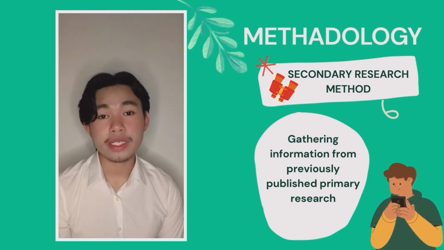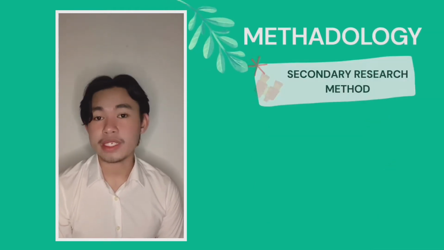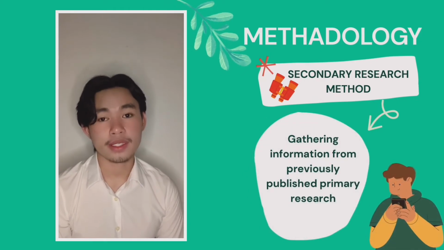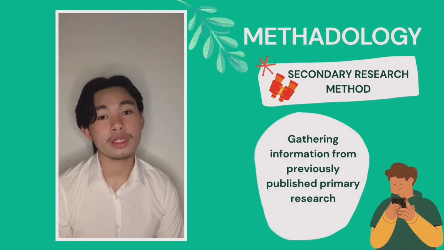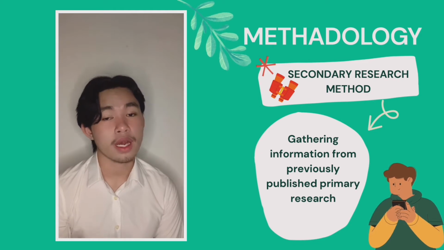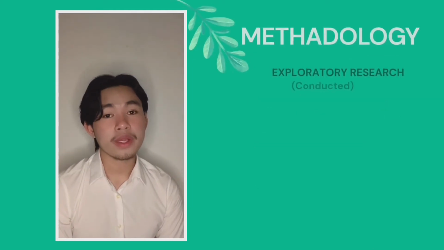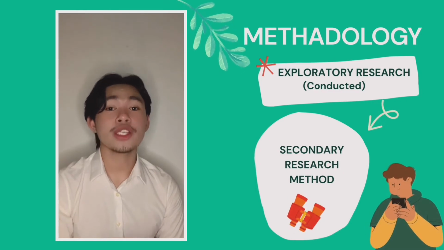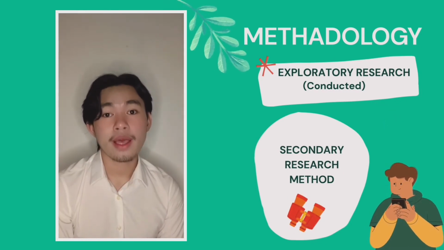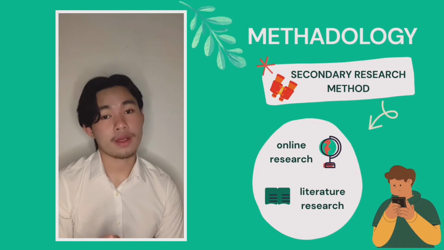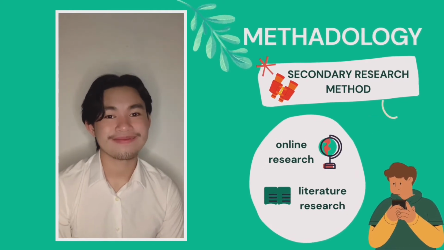In such research, we can gather information from any resources such as journals, books, magazines, articles, and so on. Under the secondary research method, we have been using 2 methods, which are literature research and online research.